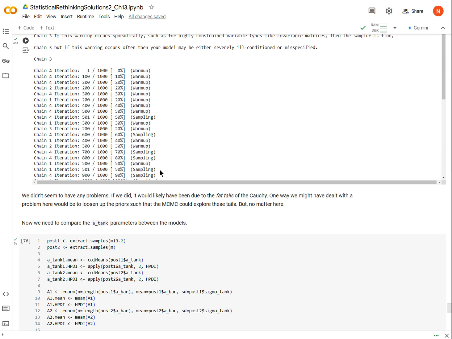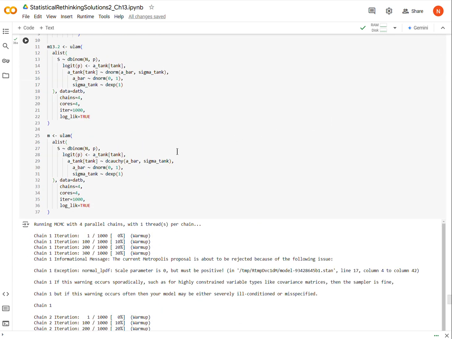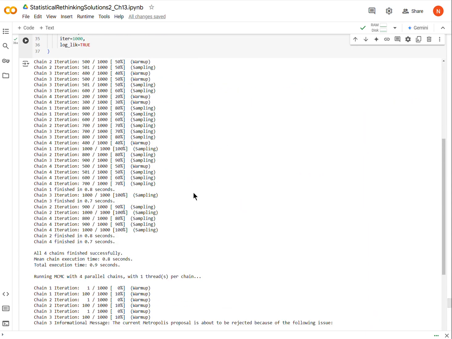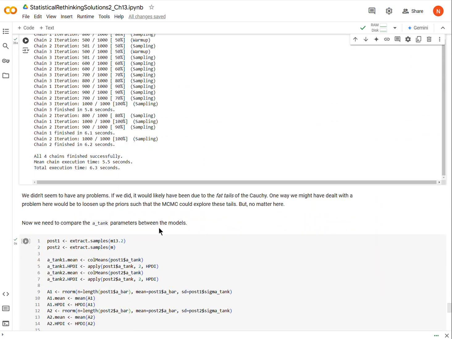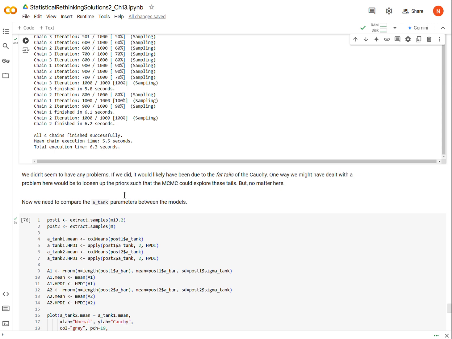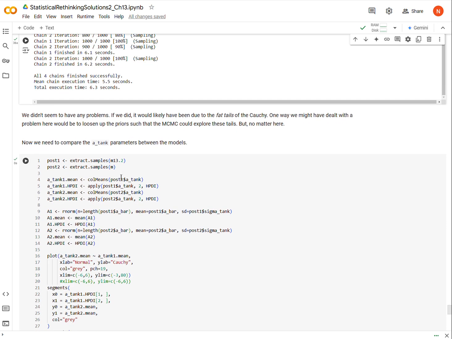But if I did, it would be because this Cauchy distribution is very fat-tailed, and so there's a lot of area out on the extremes that sometimes can be difficult for your Markov chain to explore. We could try reparameterizing the model. We could try running it for more iterations. But I did not have that problem, so I guess bully for me. So we'll just ignore that.